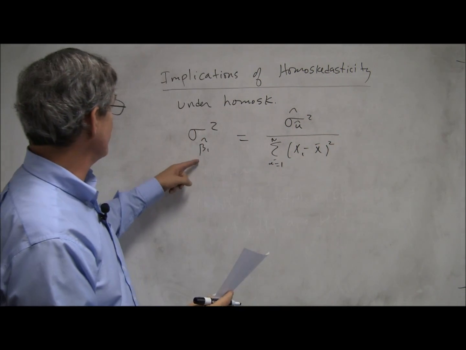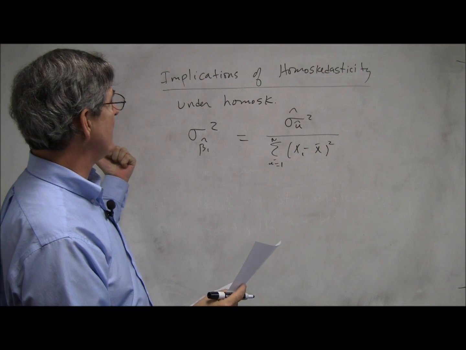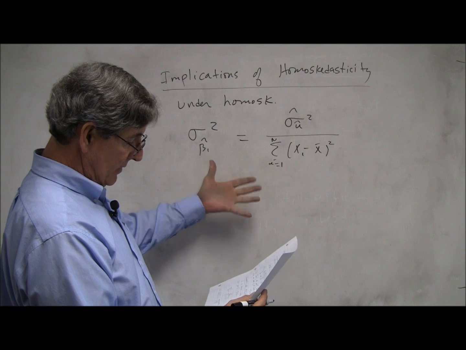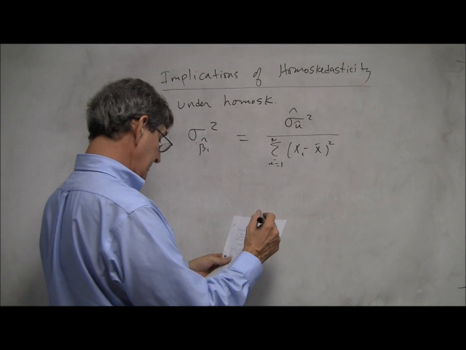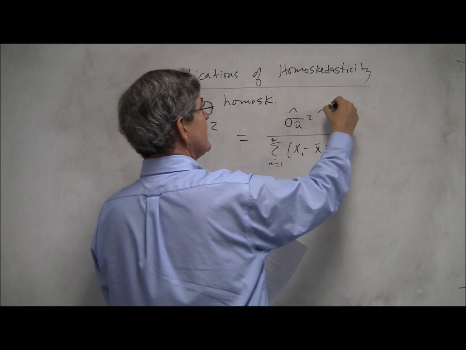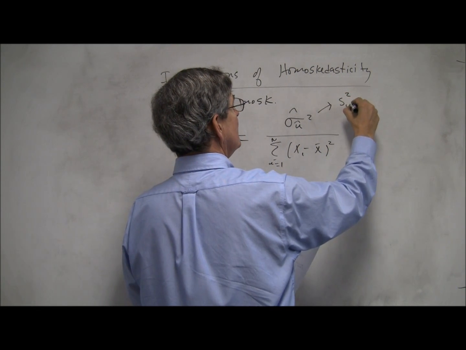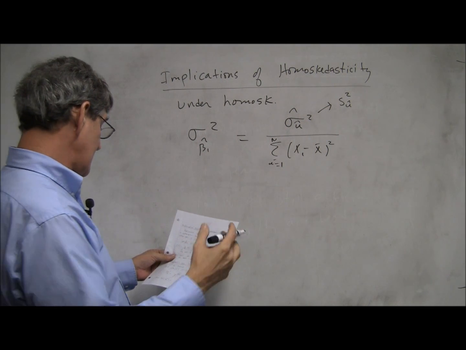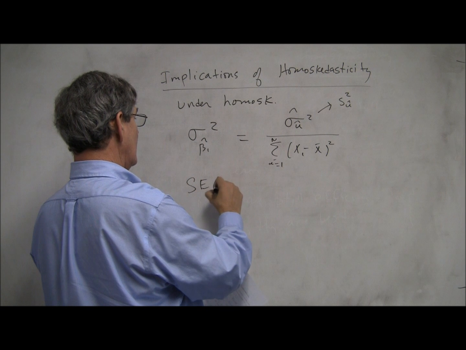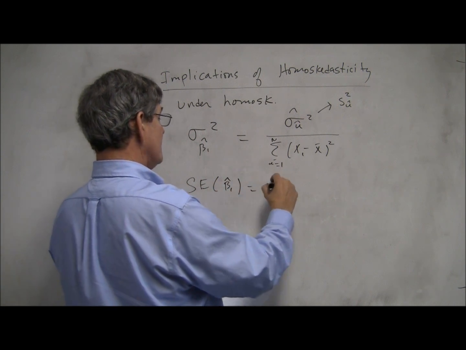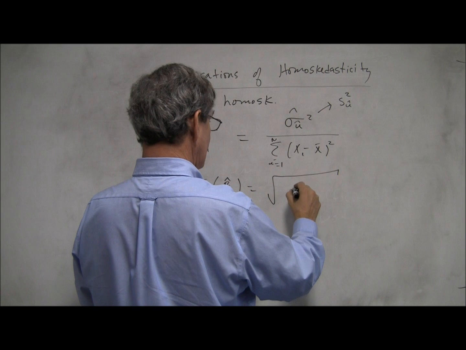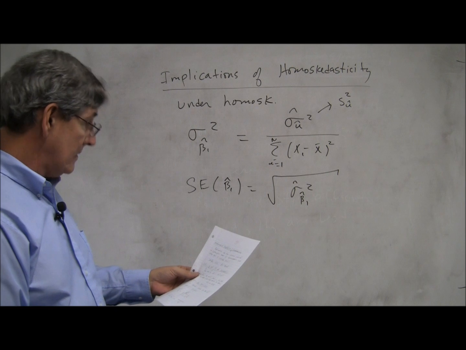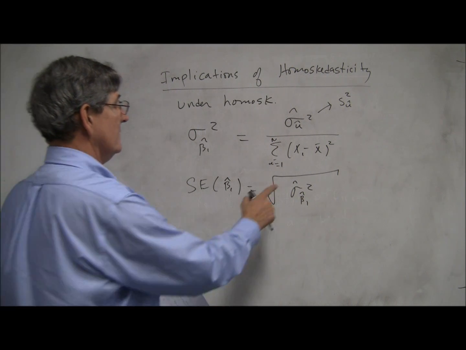If you go back and look at our formula for beta 1 hat in the previous chapter, it was way more complicated than this. So this is a much simpler formula. The book writes this as s squared u hat. I like this better, but it doesn't make any difference. Those are exactly the same thing. And of course, the standard error of beta 1 hat is just the square root of sigma squared beta 1 hat.